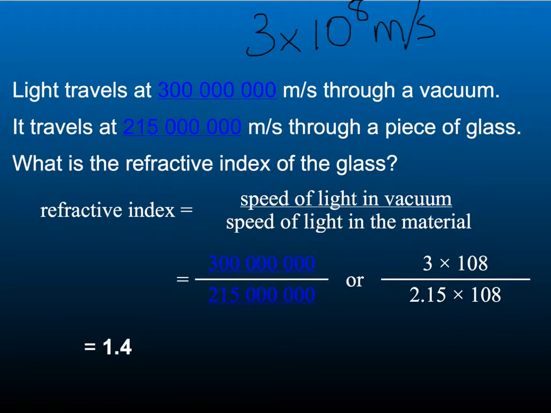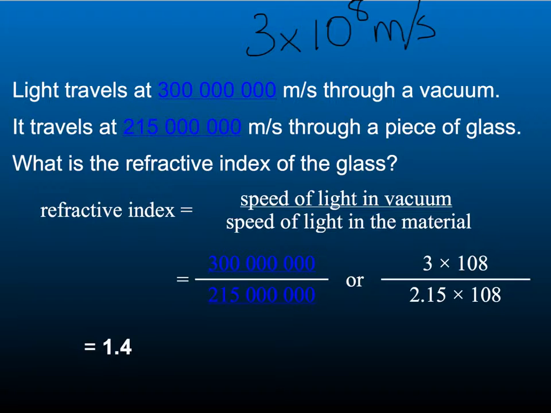In this example, the light travels through a piece of glass at 250 million metres per second. If we want to work out the refractive index of the glass, then we can use our equation, with the speed of light in the vacuum divided by the speed of light in the material. If you do that calculation, it gives us a refractive index of 1.4 for the glass.